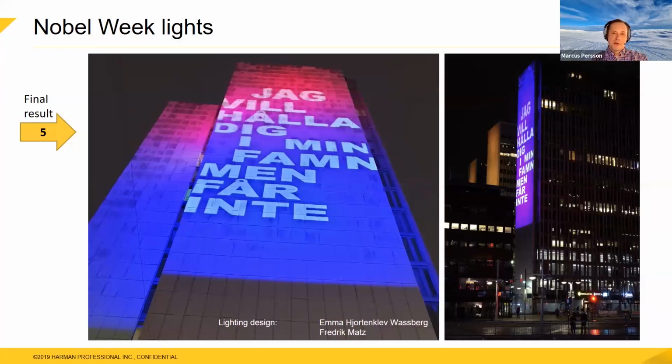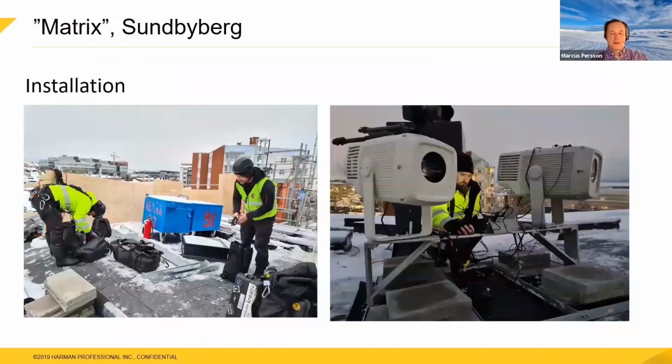In this case, we got some help from the gobo manufacturer Beacom with the mapping. And here we have the latest installation. It's called Matrix in Sundbyberg, Stockholm. This is a permanent installation. The artist Eva Beierheimer has made an artwork called Matrix.